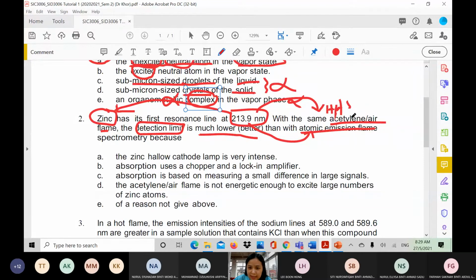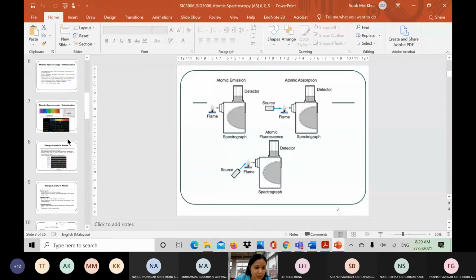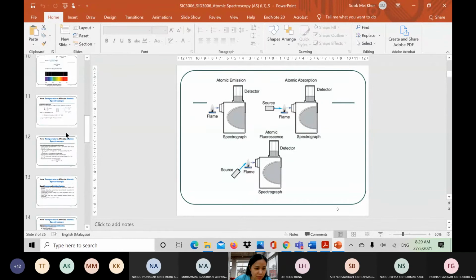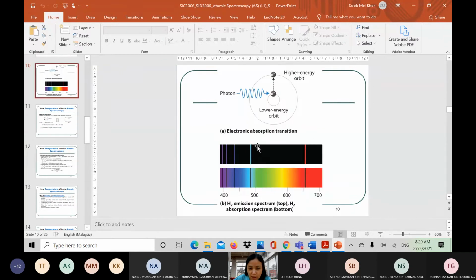For AAS, it is a black line at the characteristic wavelength. If you still remember what I have shown you, in AES you will get a colored line. In AAS, you will get a dark black line. It is the same spectrum, the same characteristic wavelength for the same element.